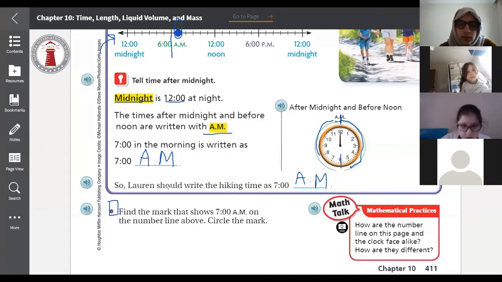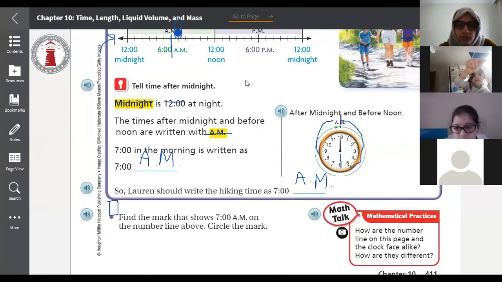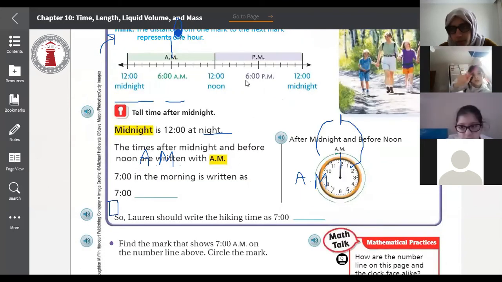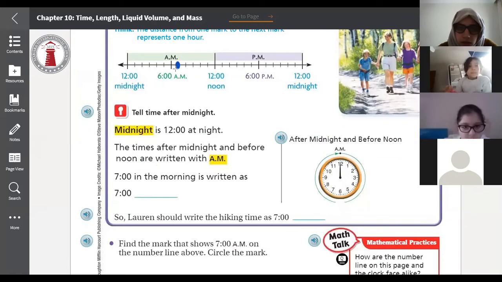Okay? Is it clear now? Yara? Didn't really get it. I can't see the circle because it's on the black. Okay, I'm going to clear the board. You only need to draw a dot. Just a dot, like this, to show 7 AM. Okay?